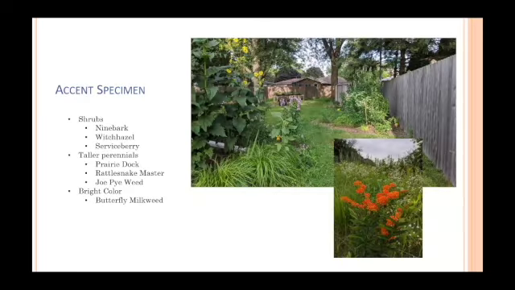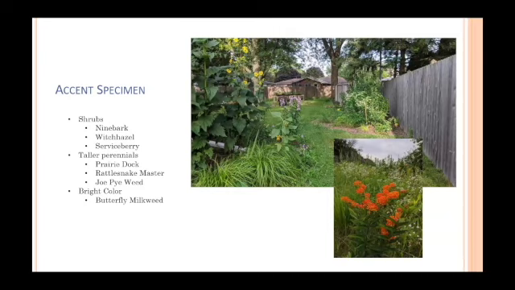And by adding an accent specimen, that's how we can add some movement to the design and the space. And when I was talking about going vertically, this is how we do that. If you have a smaller area, maybe you don't want to put in another shade tree if you already have one, but having a taller perennial, such as some of these that I have listed here, is how we can get that verticalness drawing your eye up.